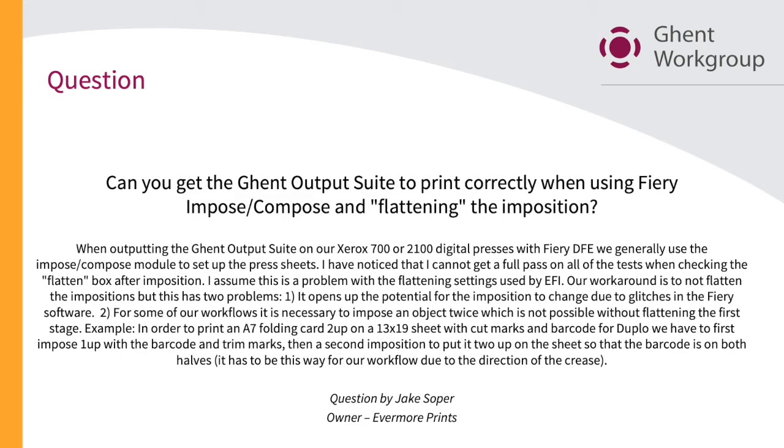We know that there are sometimes issues with transparencies or in the output when upfront transparency flattening solves this one issue. But this is, in our eyes, a very special case, a side case, and it's definitely not the normality. Normality should be no flattening is necessary. And when we read the question from Jake, where it says in some of our workflows it is necessary to impose an object twice, which is not possible without flattening at the first stage, the example he has given us does not explain why flattening is needed.